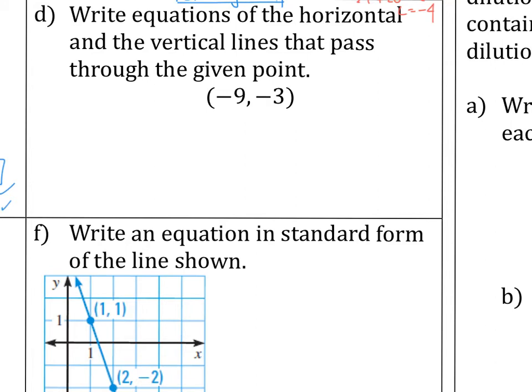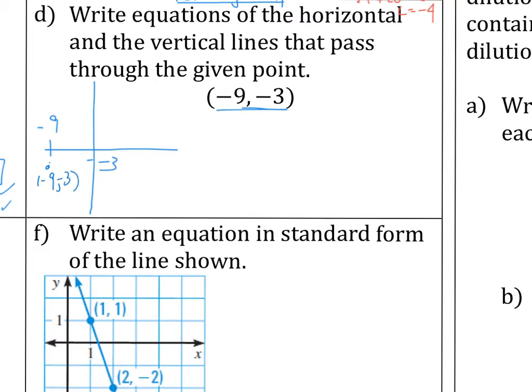Part D. Write equations of the horizontal and the vertical lines that pass through the given point. Now, if we just graph this, the point will be about right here, negative 9, negative 3. I'm going to plot this point to show you.